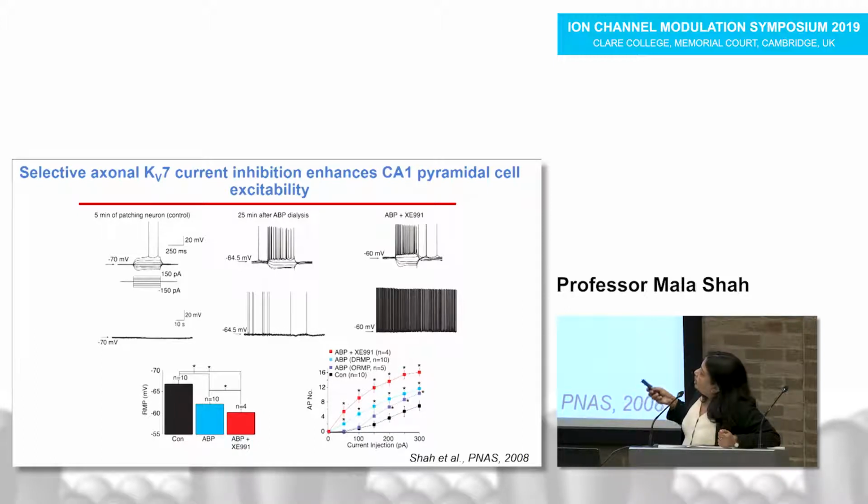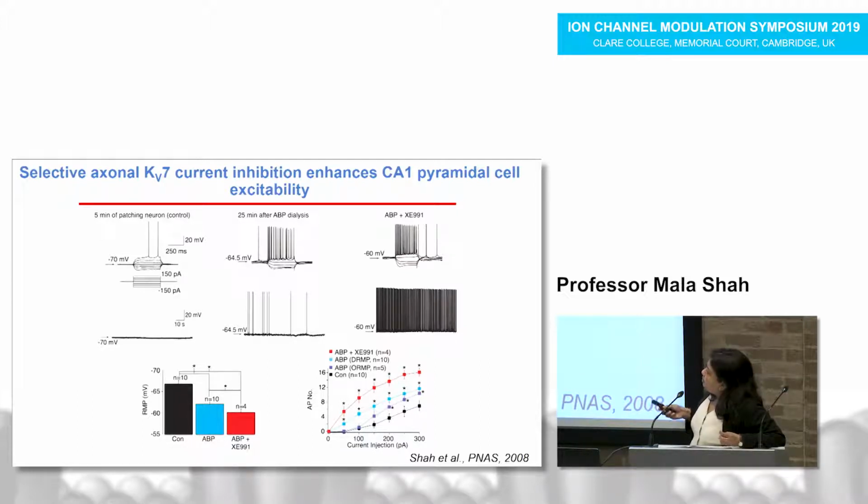With time, as the peptide dialyzes within the cell, you can see that the resting membrane potential changes, and now you start to see spontaneous action potential firing occurring. And then if on top of this you add XE991, you get further depolarization and further spontaneous action potential firing. And the data is actually summarized here.